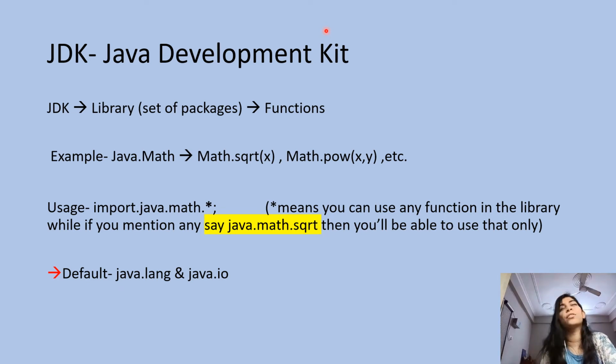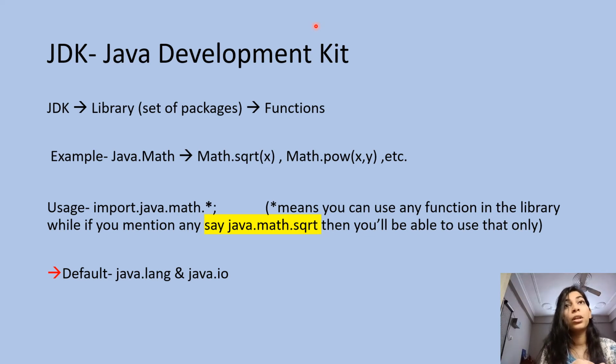For the whole of the chapter, for the whole of the lecture, we have been taking math.sqrt as an example, so we'll consider it again, right? So the function sqrt, which is used to get the square root of a number. Now it has the syntax math.sqrt and the variable, right? Like math.sqrt and the variable.